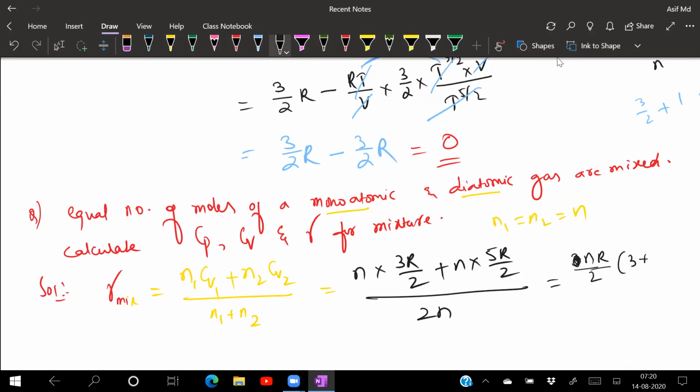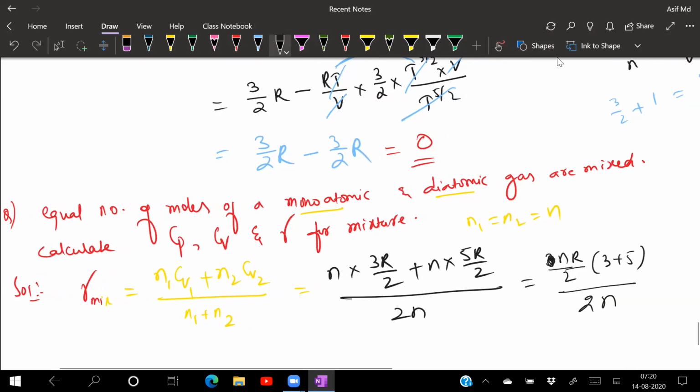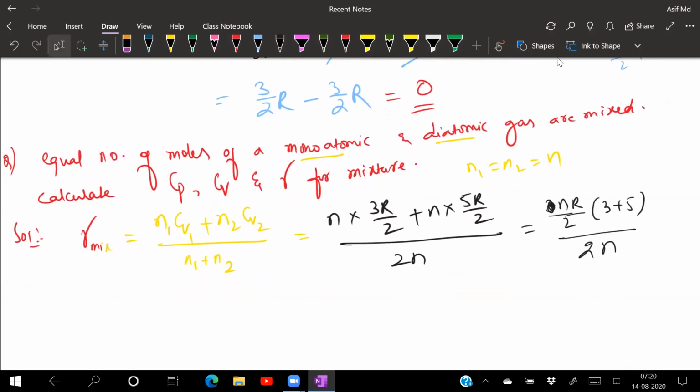It is nothing but 3 plus 5, divided by 2, into n. This 2 we can bring down. We get 8Rn by 4n, and n and n we can cancel.